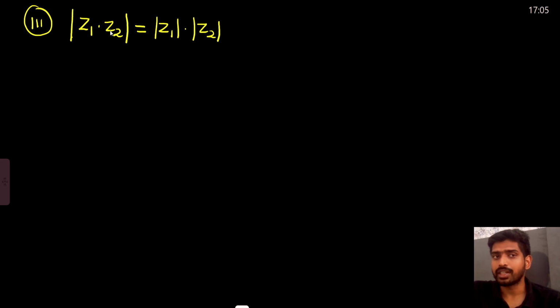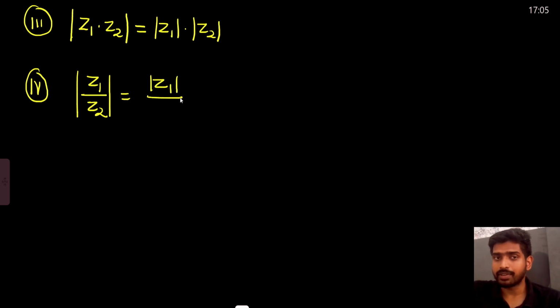Means this mod we can distribute over z1 and z2. Got it? What is the fourth property? The fourth property is that the modulus we can distribute over the division also. If z1 divided by z2, we want to find the modulus of the whole, this will be equal to z1 modulus divided by z2 modulus.